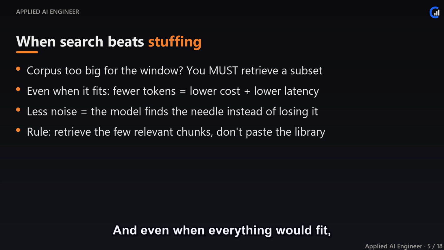And even when everything would fit, retrieval is still the right call. Fewer tokens means a smaller bill and a faster reply, and less irrelevant text means the model is far likelier to find the needle instead of drowning in hay. The rule is simple: retrieve the few chunks that matter, never paste the whole library.